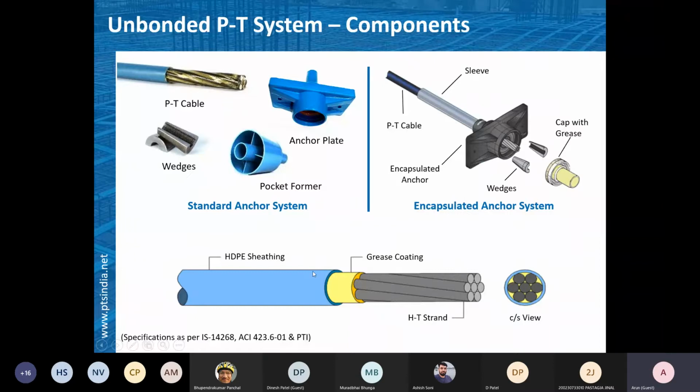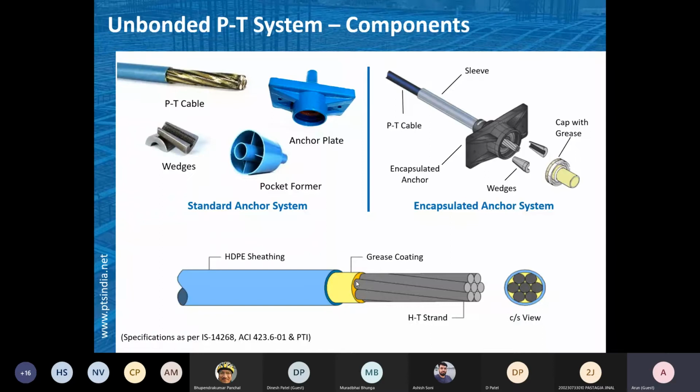Here is the structure of the cable. You can see the cross section. There are seven wires, and the nominal diameter can be 12.7, 15.2, 15.7, like that. And there is grease over this. Grease has two purposes. One is to allow movement inside the concrete while stressing. The other is to protect the cable, because grease has the property of protecting the cable against corrosion.